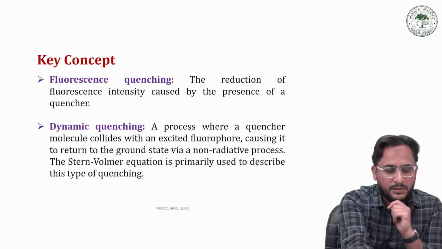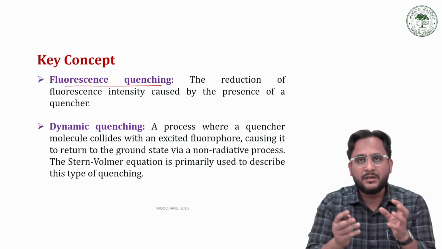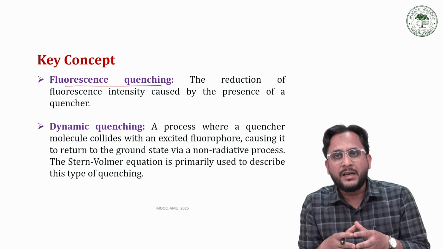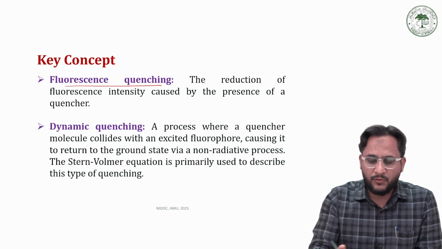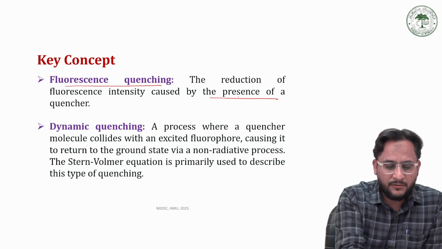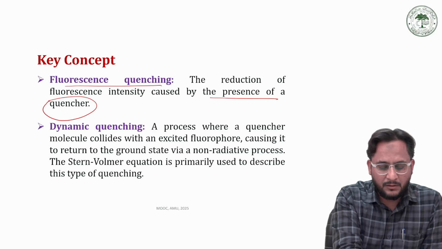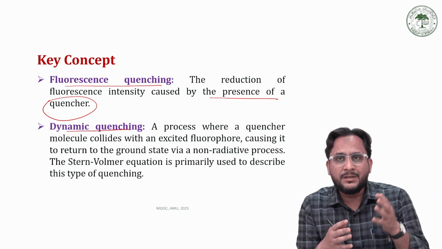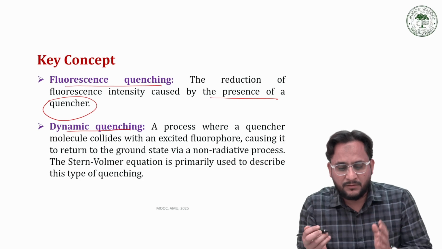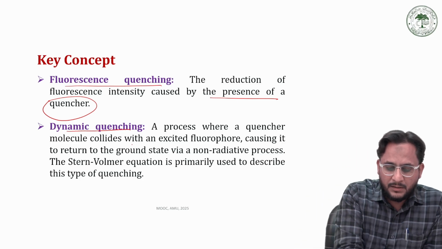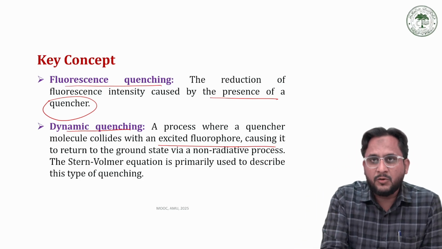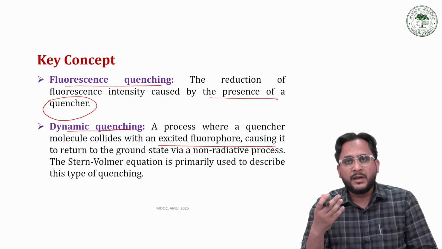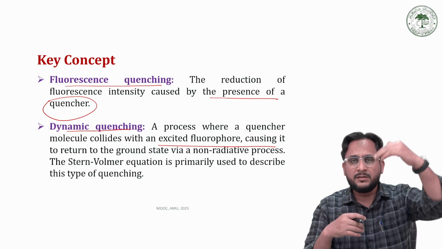The key concept, as you all know: fluorescence quenching means the reduction in the intensity of the light emitted during fluorescence, and it happens because of the presence of a quencher. These quenchings are divided into two categories, static quenching and dynamic quenching. In dynamic quenching, the fluorophore, or the fluorescent molecule, undergoes excitation by absorption of energy and reaches the excited state.